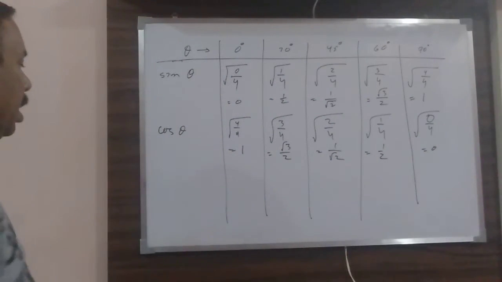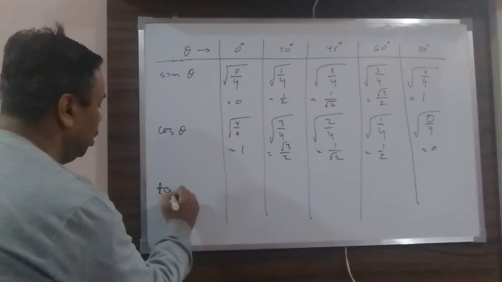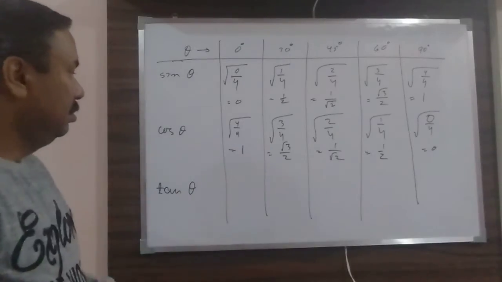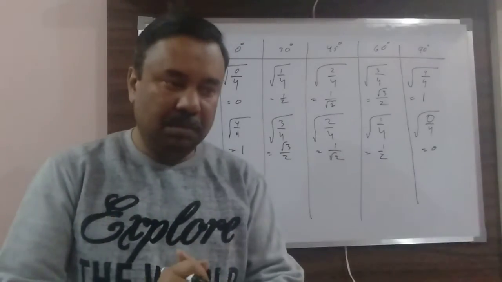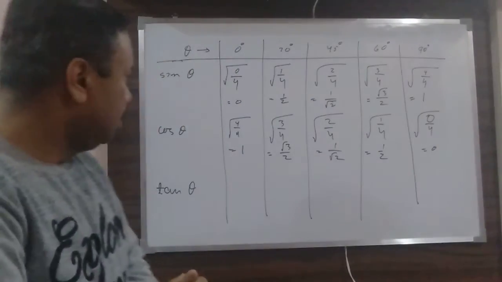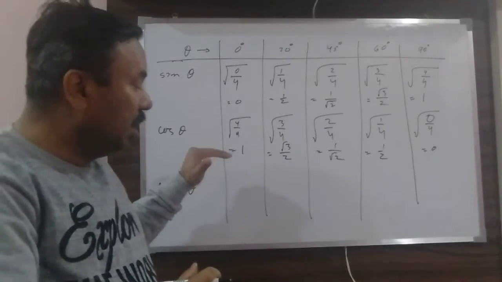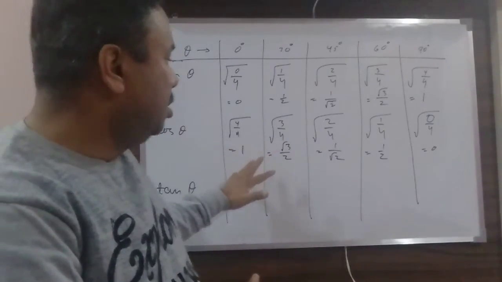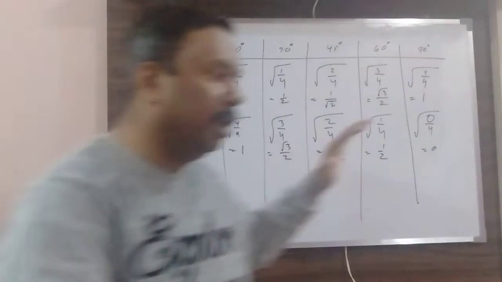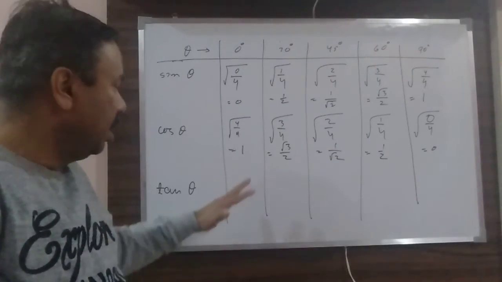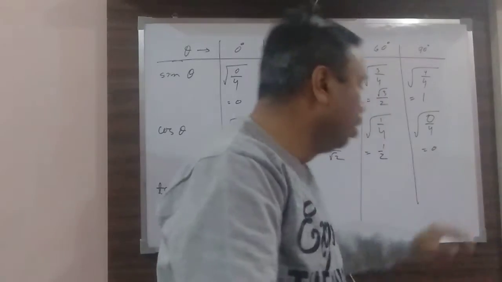Now what about tan theta? For tan theta, I will start the numerator from 0 to 4 and the denominator in a reducing manner, from 4 to 0.